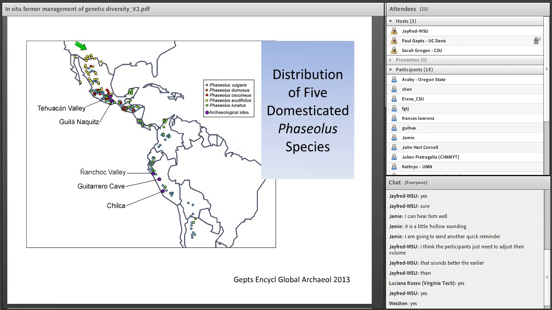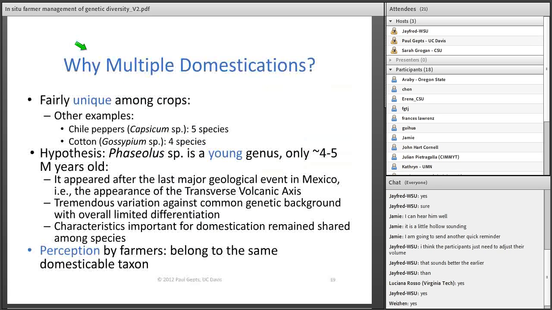Now the determinate types are these filled circles, and you see that the trait is primarily an Andean trait. You see almost no determinate in Mesoamerica. Actually, there's one example here, but otherwise it's primarily an Andean trait, which confirms what people had seen before.